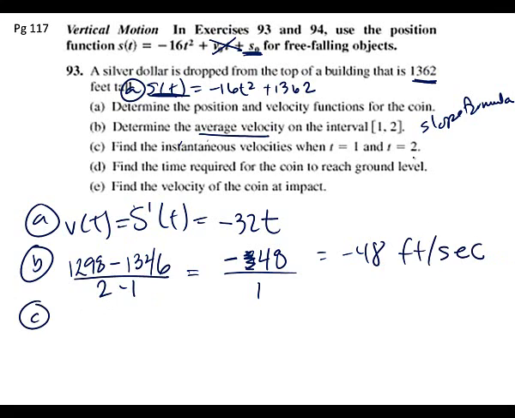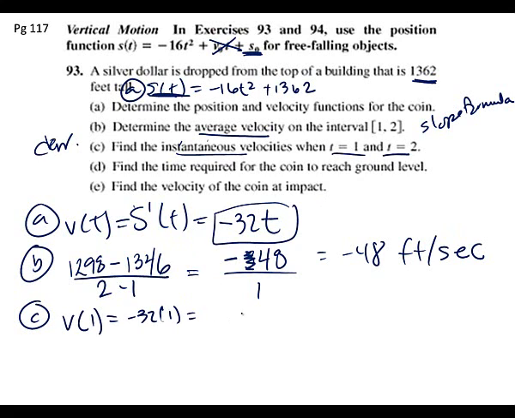Find the instantaneous velocities when we've got t equals 1 and t equals 2. So instantaneous means take the derivative. Okay? I've already got the derivative, don't I? What do I need to do with these numbers? Plug them into that derivative. So the velocity at 1 is negative 32 times 1, which is negative 32 feet per second.